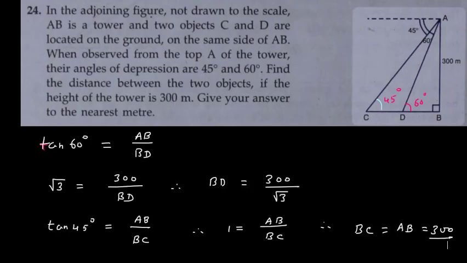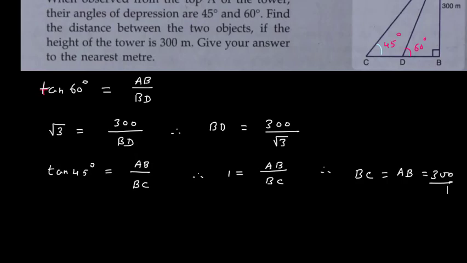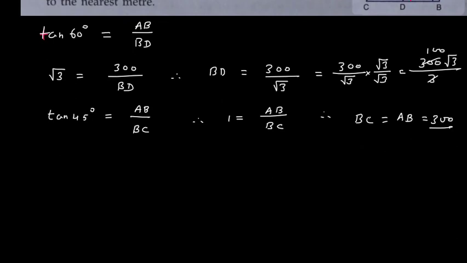So we get the value of BC, which is 300, and the value of BD, which is 300 upon root 3. We rationalize it, we multiply by root 3 and divide by root 3. So this becomes 300 root 3 divided by 3. With 3 we cancel, we get 100 root 3. So BD and BC we got.